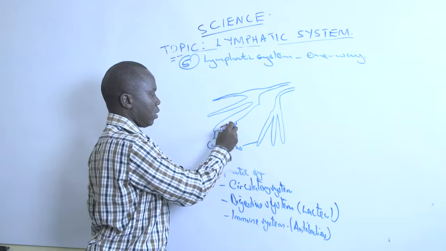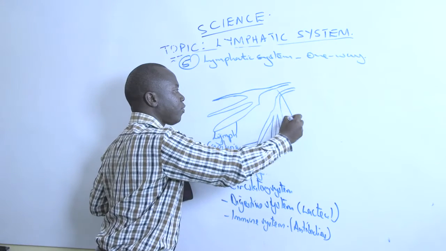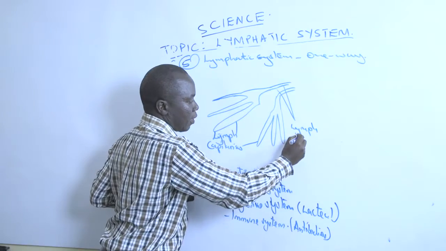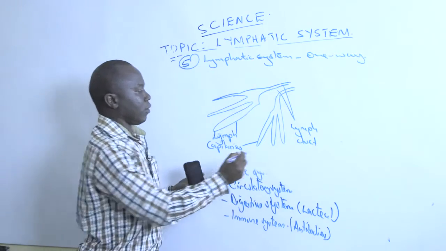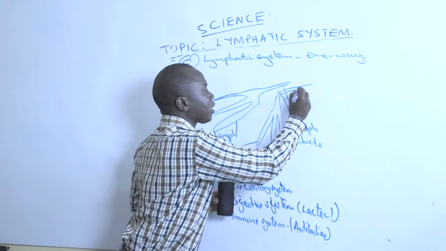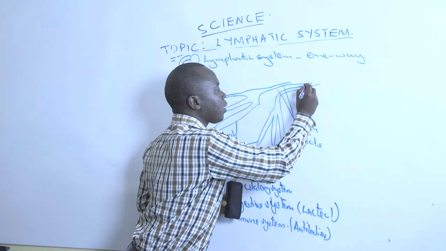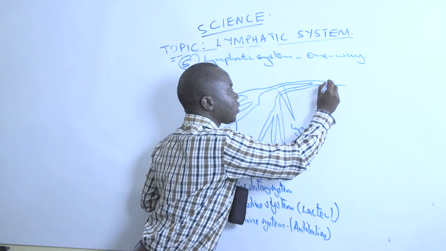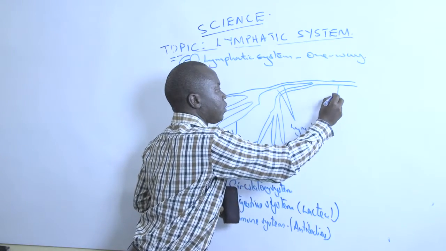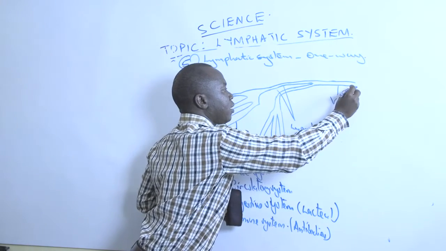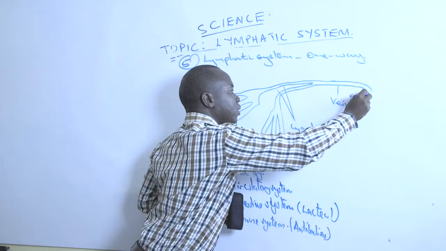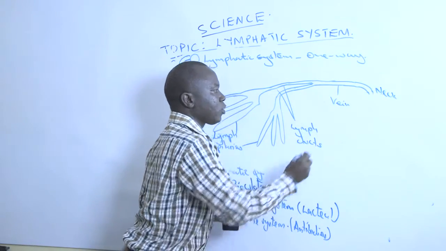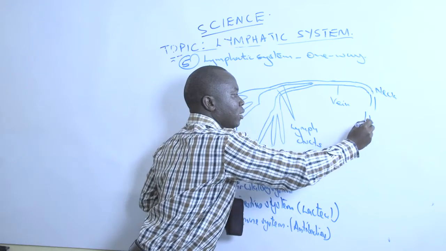Then those ducts will again join together into a slightly larger vessel, a vein. And then this vein will drain into the main vein in the neck region, and then to the heart.